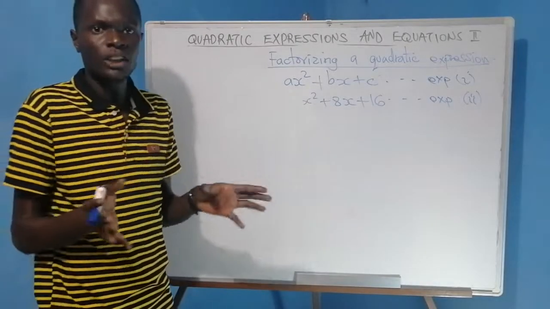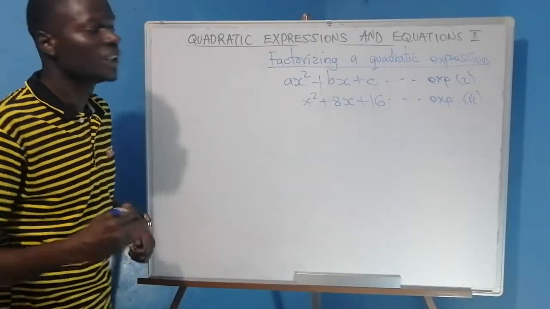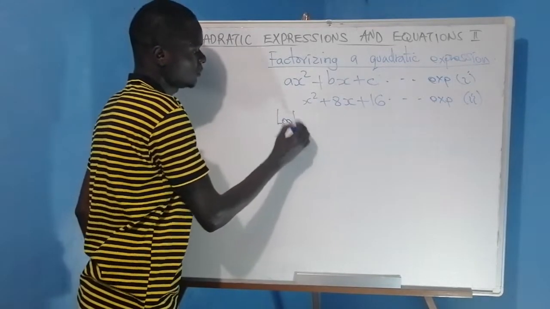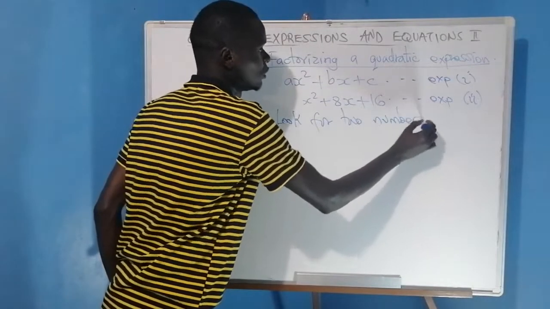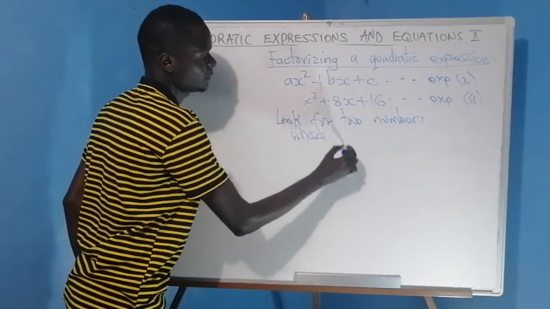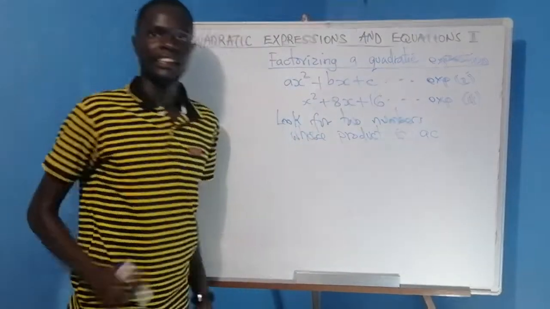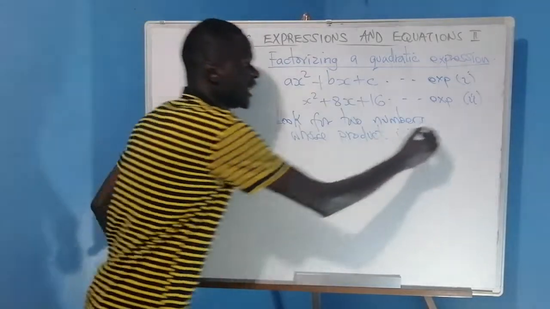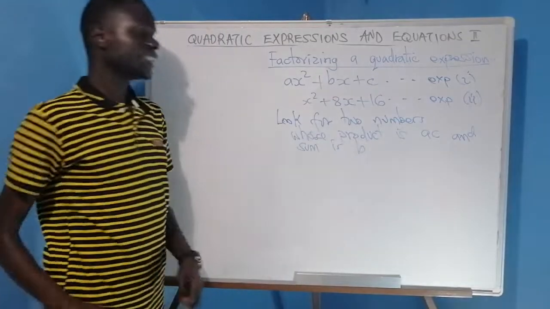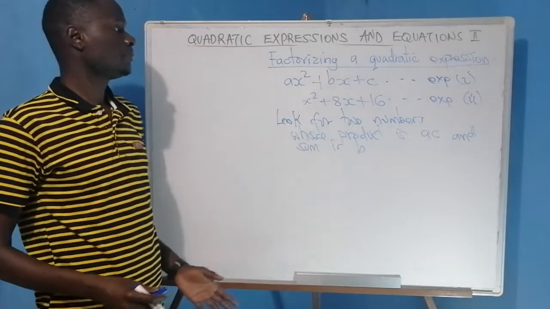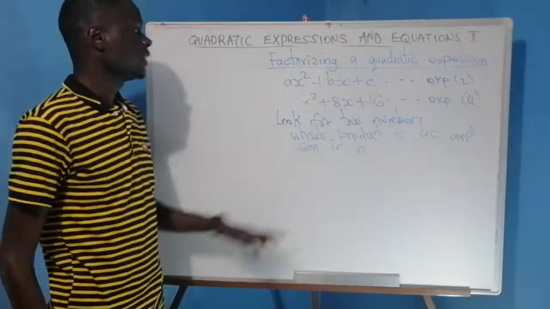And therefore, if we want to factorize this quadratic expression, what we need to do is look for two numbers whose product is AC. AC simply means A times C, and whose sum is B. So what are the two numbers such that if you multiply them, you get AC, that is the product. If you add them, you get B.